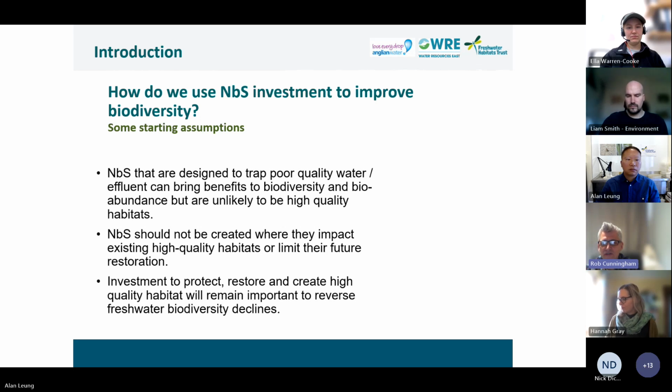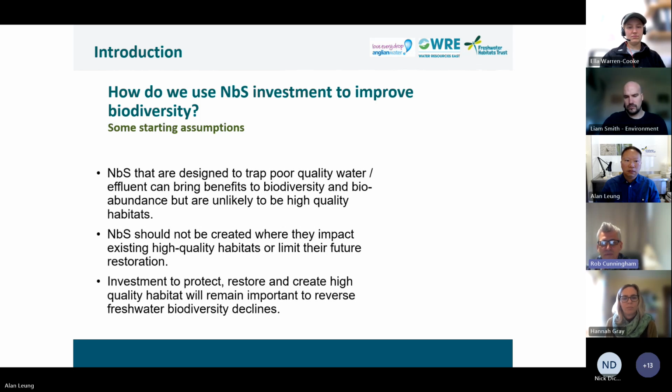And the reason I was really interested in this project and really supportive of investing in it is because of thinking about how we use nature-based solutions to improve biodiversity, and the importance of understanding where biodiversity exists and where the opportunities are. Just as a starting point, it's really important that we recognize the limitations around nature-based solutions.